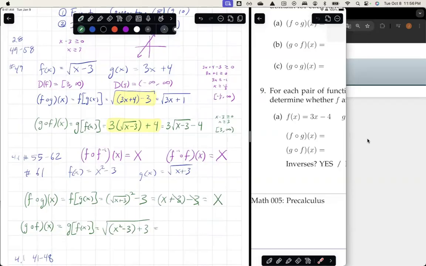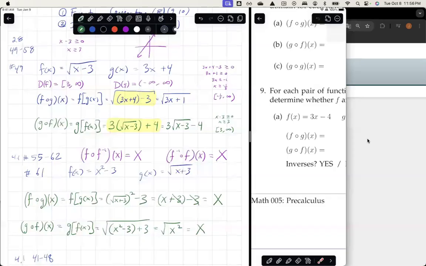And if I simplify here, the 3's cancel, and I get the square root of x squared. And the square root of x squared, I get x. All right, so we did the composition in both directions and got x both times. So that tells us that these two functions are inverses of each other.